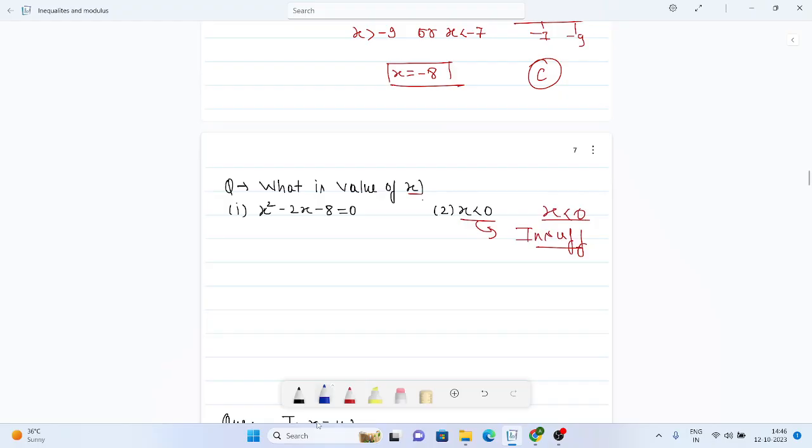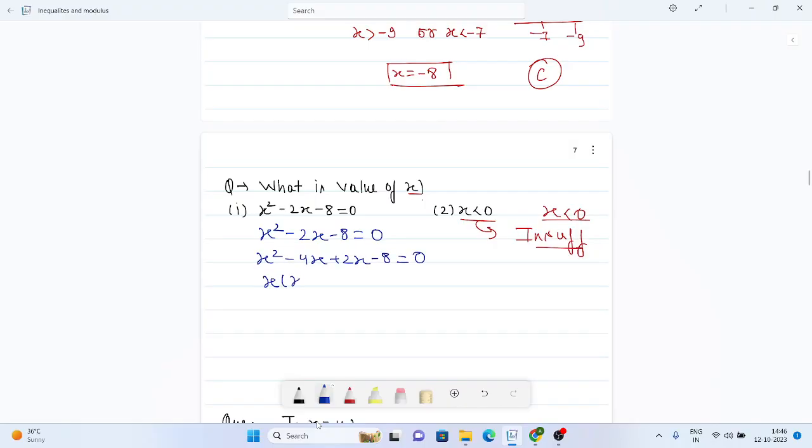Here I factorize x square minus 2x minus 8 equal to 0. So I'll write x square minus 4x plus 2x minus 8 equal to 0, right?